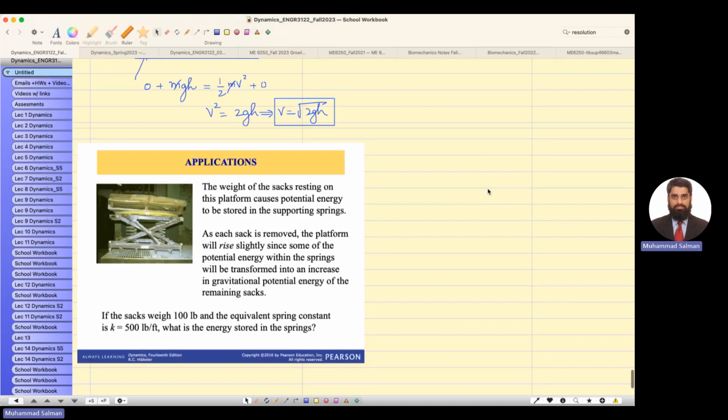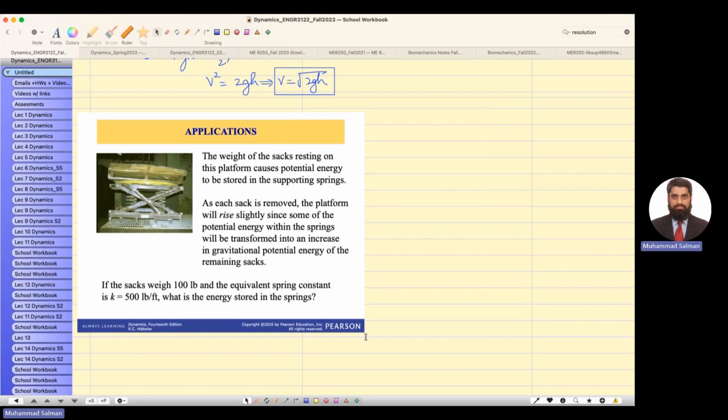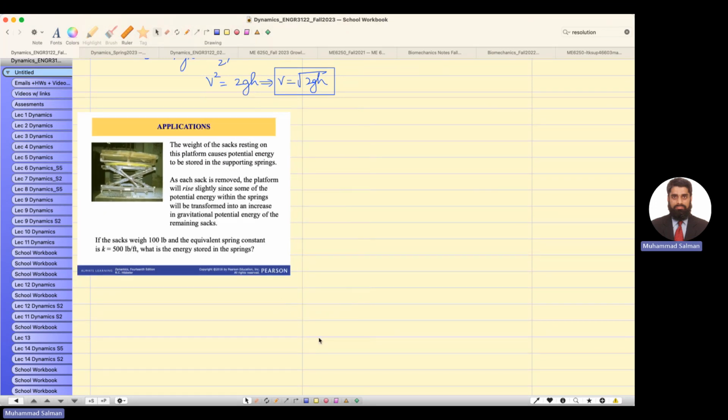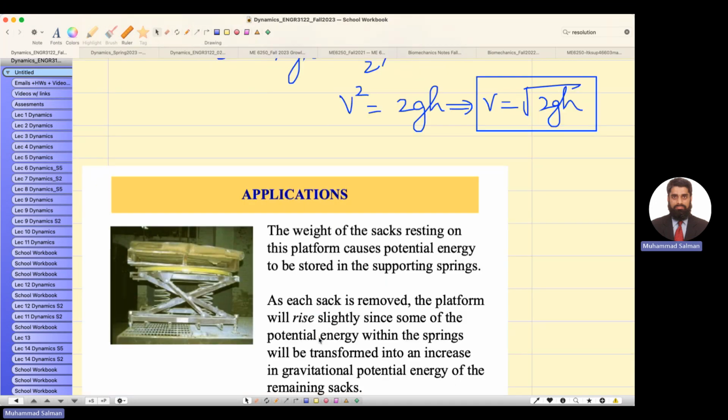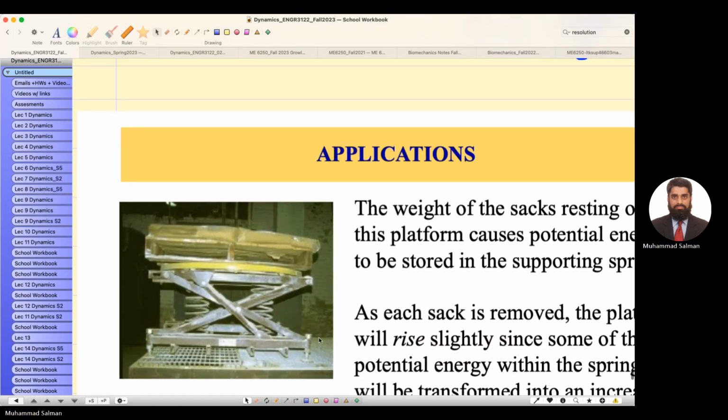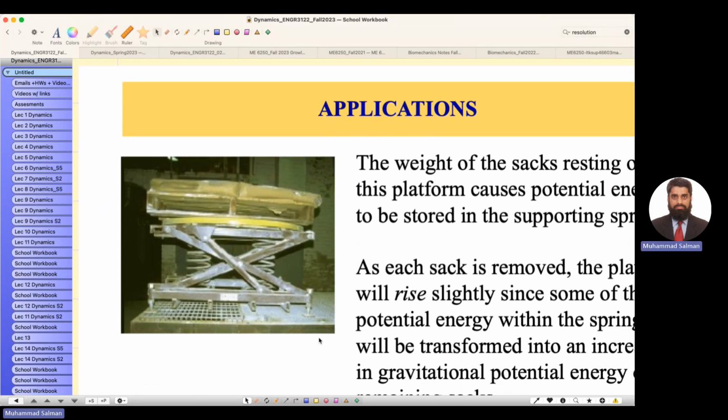For example, this is a chair which has springs, and there is a weight, like a sack of whatever weight, that you have put on the chair. So the springs will be deflected.